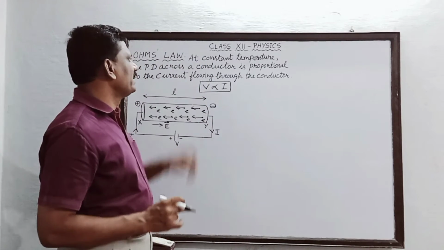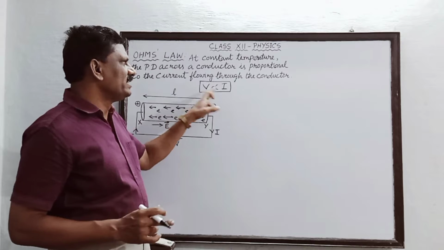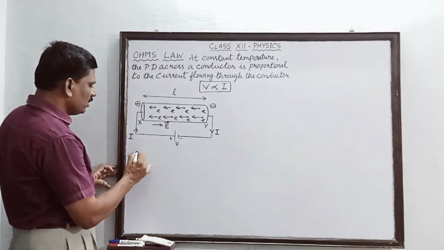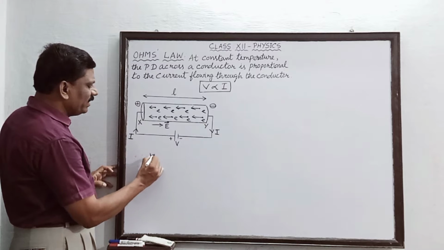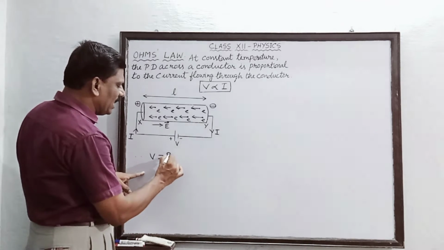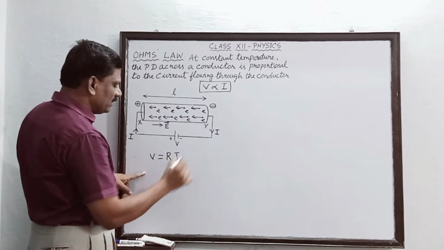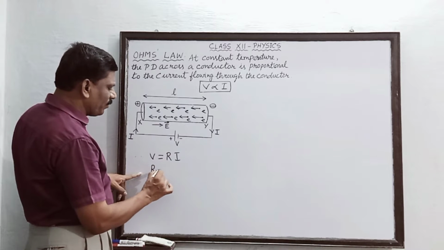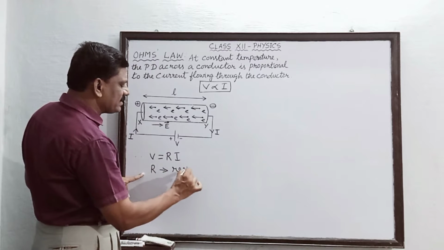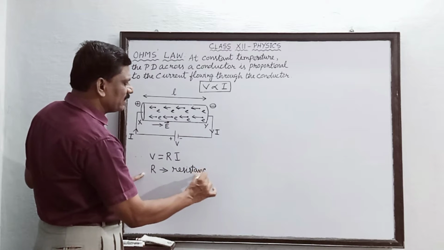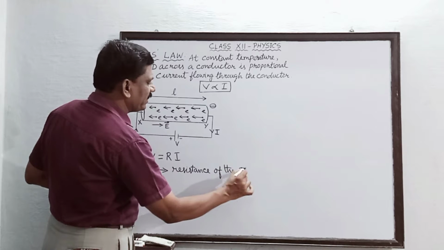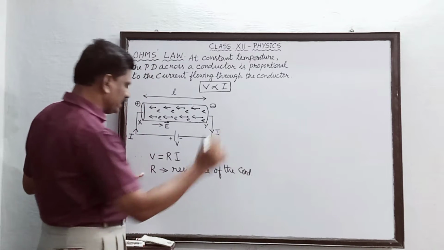Anyhow, the statement is the potential difference is directly proportional to I. Therefore, we can write V is equal to a constant of proportionality R into I, where this constant of proportionality is called the electrical resistance of the conductor.